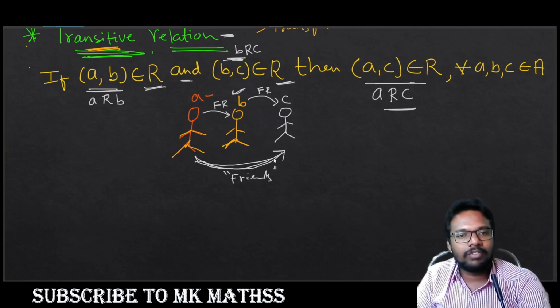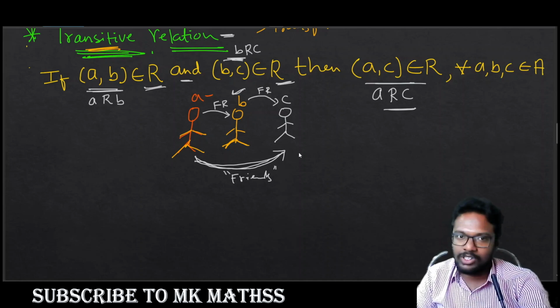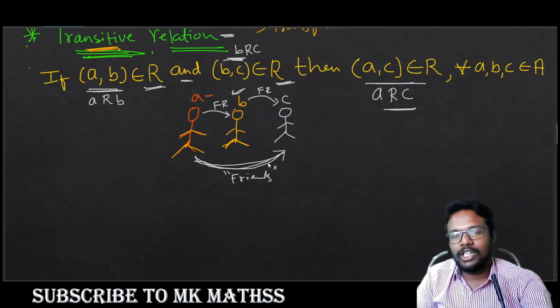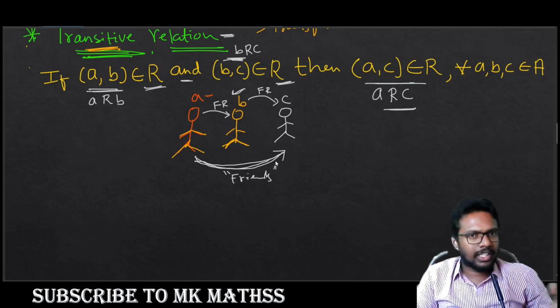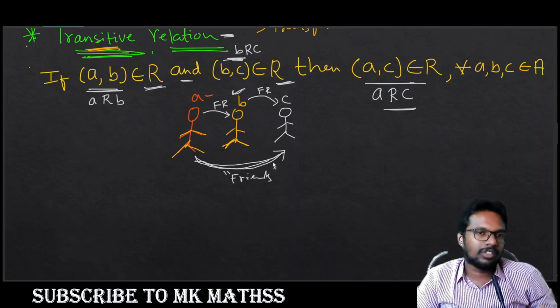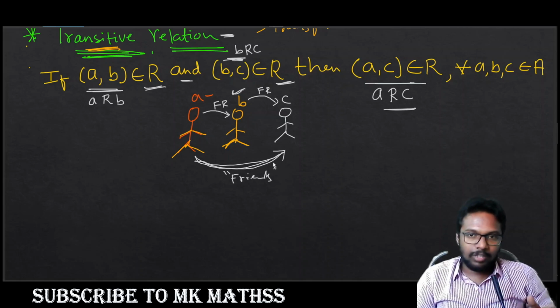If A is a friend to C it is a transitive relation. They become mutual friends. So this is the concept of mutual friends. If they have become mutual friends it is nothing but a transitive relation. If they are not mutual friends it is not a transitive relation. I hope you understand up to here.